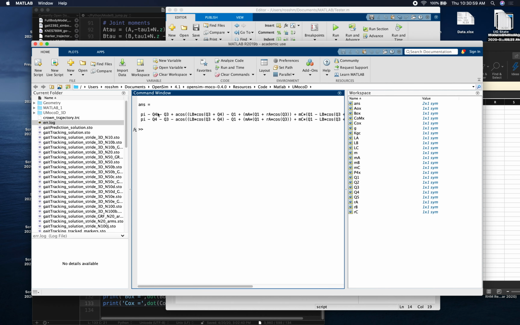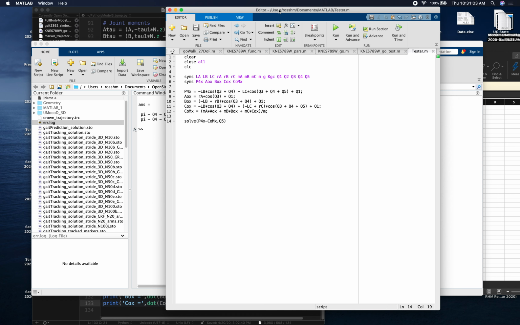And it spits out here in our command window 2 equations. Now, it's giving me 2 answers there, because if you dig into these expressions, Q5 always appears inside cosine terms. And cosine has 2 arguments that give you an equal result in terms of the value of that cosine.